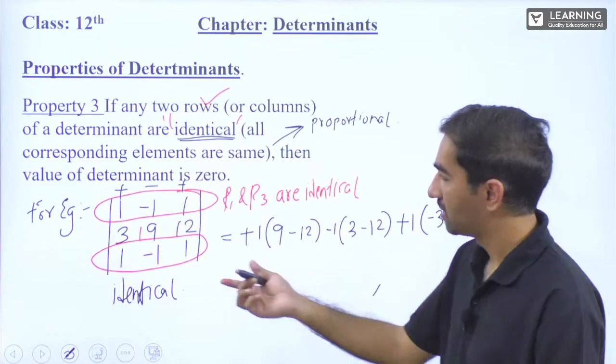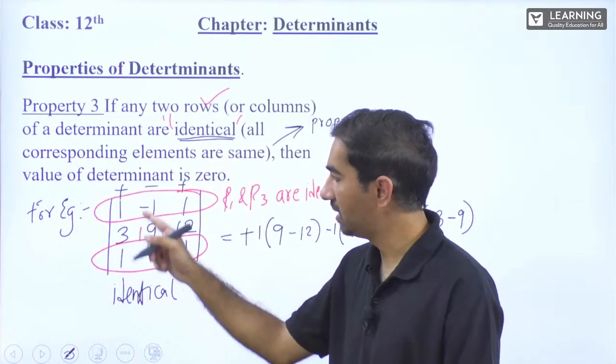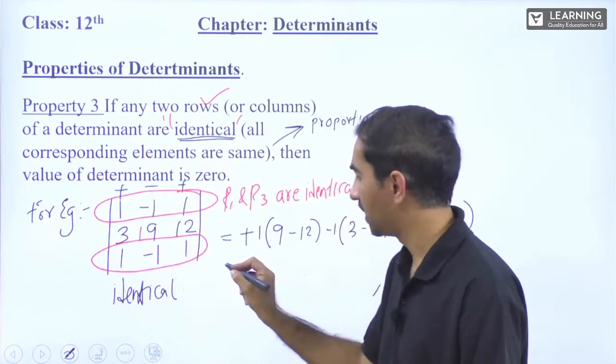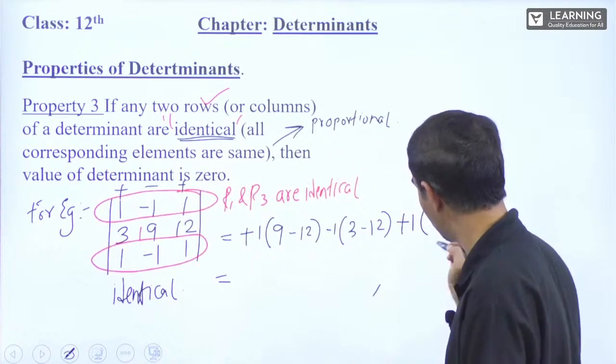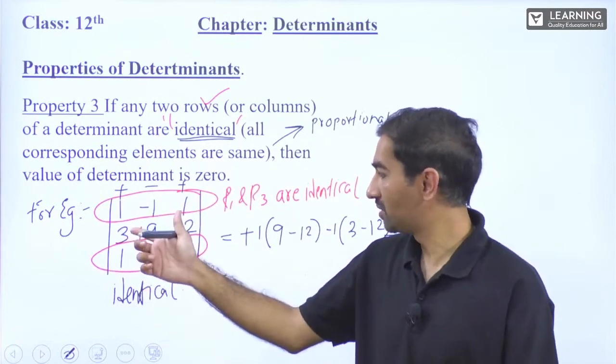We have taken one example such that both the rows are identical. This is how we have expanded the determinant with respect to the first row.